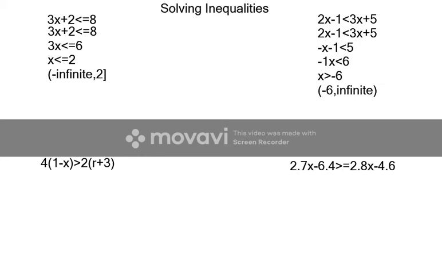So now we have, just to save space, I'm not going to rewrite the whole inequality, but the question is 4 times (1 minus x) is greater than 2 times (x plus 3). So, for this one, let's first distribute.